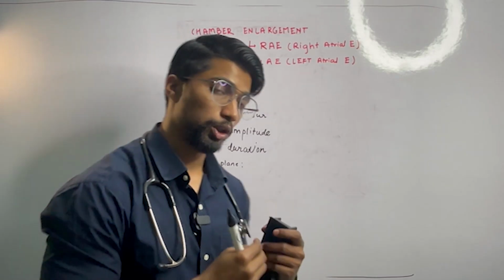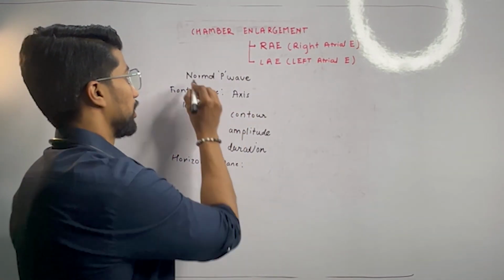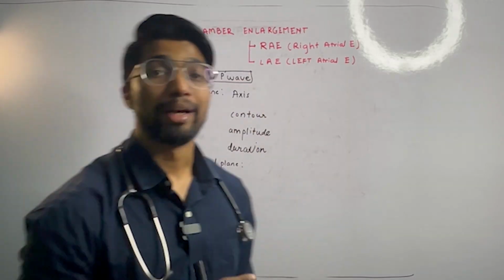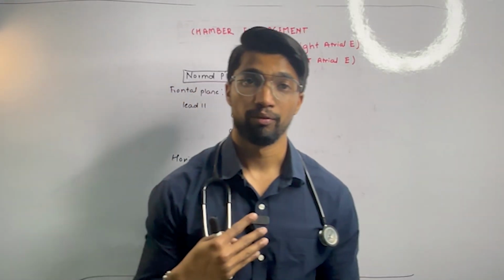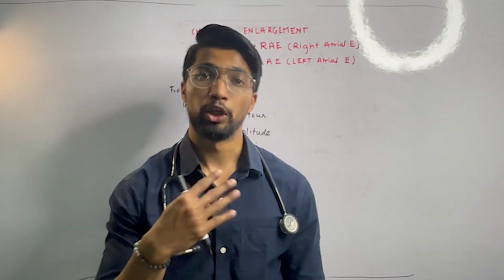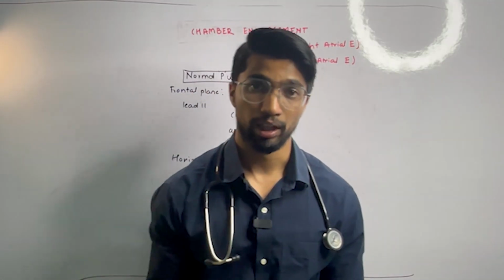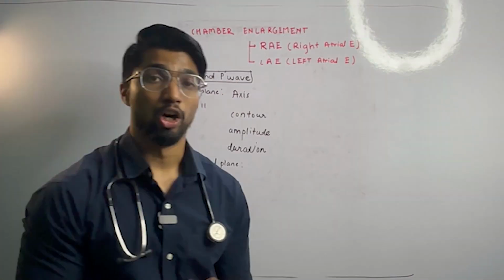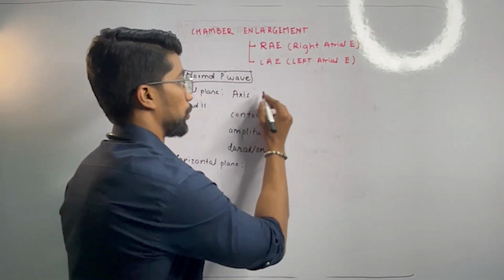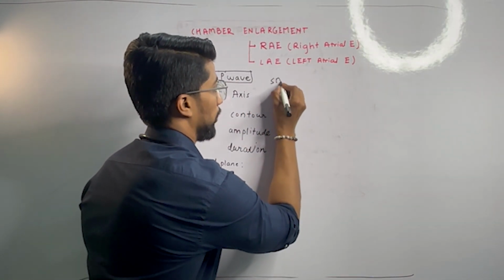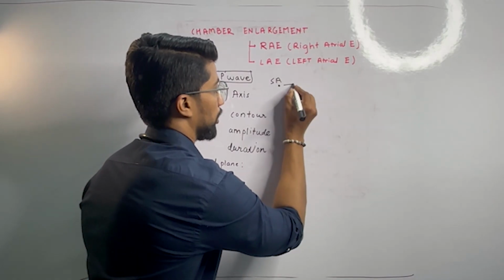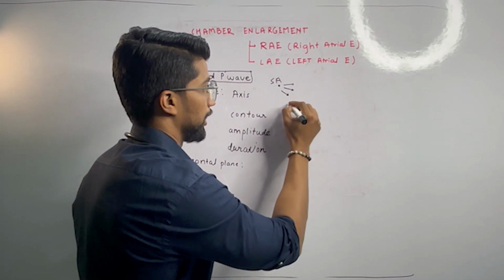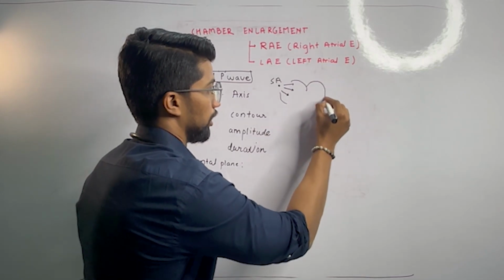Before we jump onto the particular topic, let's understand the normal P wave, how it looks in the frontal plane, which is your leads 1, 2, 3, AVF, AVL, and also in the horizontal plane, which is your chest leads. Also in the frontal plane, how your axis is going to be. Let's say this is your SA node, and as the impulse generates, it first activates the right atrium and then the left atrium.